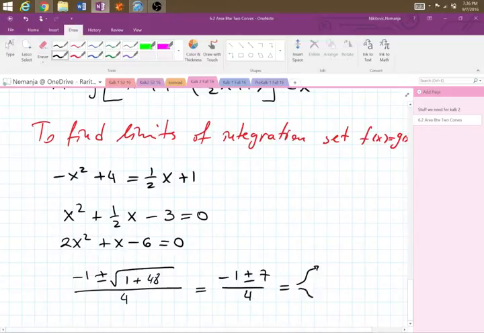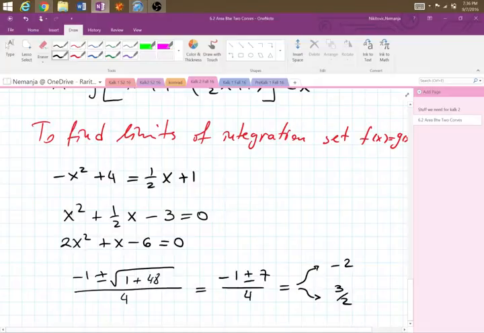This is going to give us two values, and those two values will be your a and b for limits of integration. Obviously, lower number is a, and the higher number is b. So 7 minus 1, also negative, both negative, so -8, -2, and 6 over 4, 3/2.